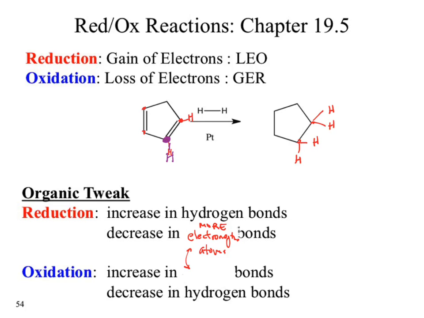What is the hybridization of the carbon that I lost a bond to? sp2. What is the hybridization of the carbon that it is still bonded to in the product? sp3. Which is more electronegative, an sp2 atom or an sp3? An sp2. There's my loss in electronegativity. Okay?